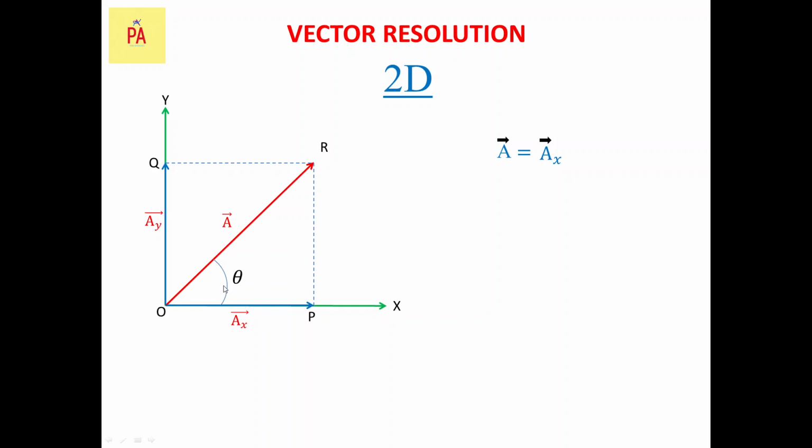If you remember vector addition from our vector part 1, you can recapitulate that if we add these two vectors, and the angle between them is 90 degrees, you will get the resultant. So if you see here, these are the two vectors. If you come in the reverse way, AX and AY are the two vectors, and if you add them vectorially, you will get vector A.